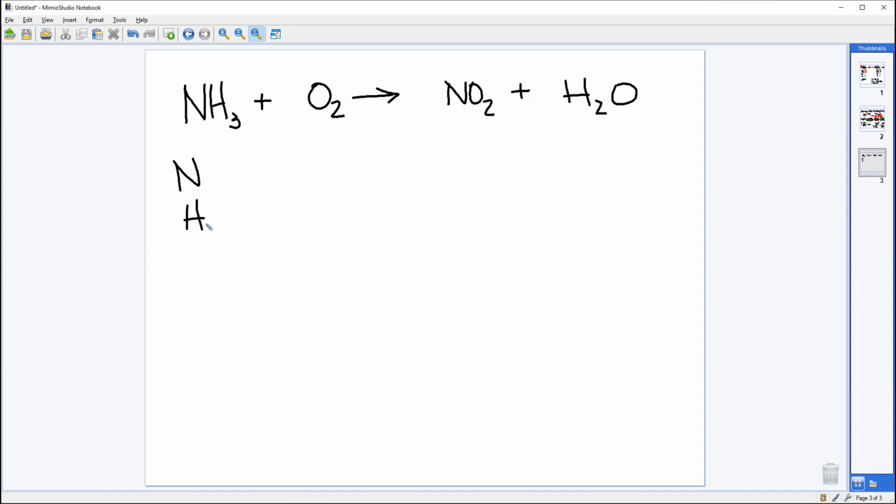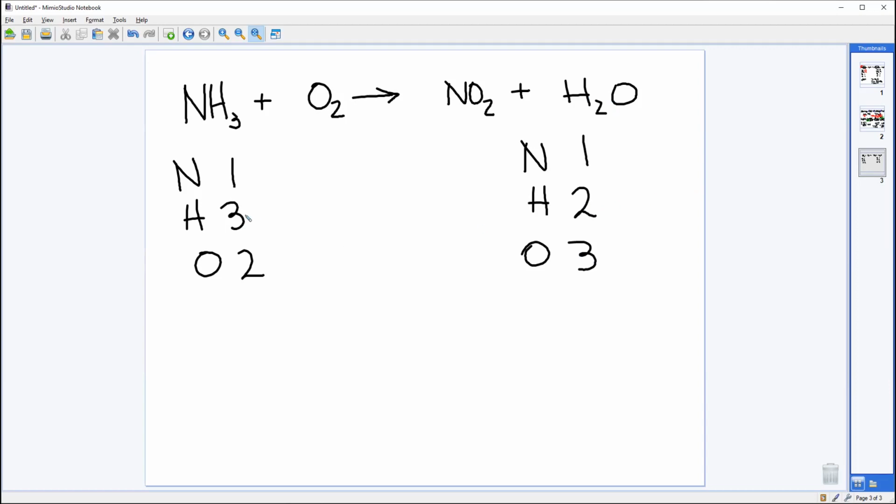So I'm going to start here and figure out how many I have. So I have 1 nitrogen, 3 hydrogen, and 2 oxygen, 1 nitrogen, 2 hydrogen, and I have to add this 2 plus this 1, so I have 3 oxygen. Now, with 2 and 3 here, my least common multiple is going to be 6.